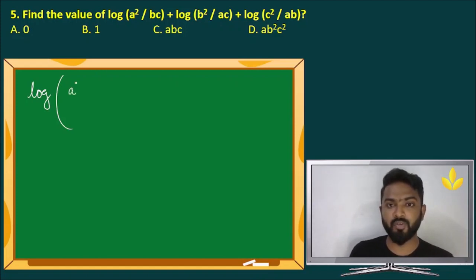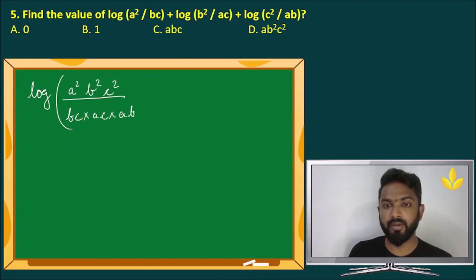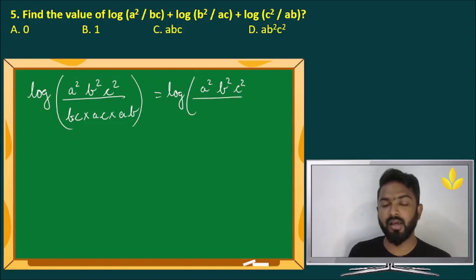So we have a square into b square into c square in the numerator. In the denominator we have bc into ac into ab, and this also is equal to what? A square b square c square divided by b into b, a into a, c into c.